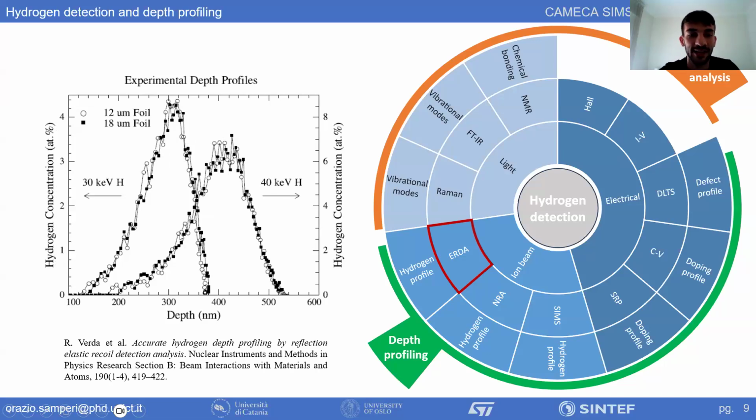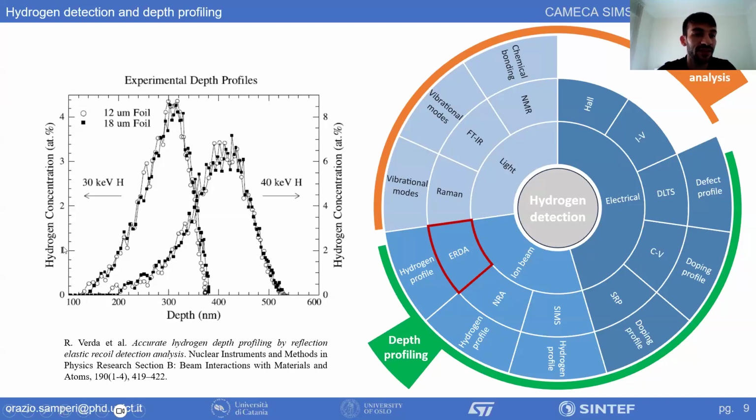But on the other side, if you are going to analyze low-dose implants or deep implants, this is not really suited because the dynamic range is quite short. Both in terms of probing depth, because with this technique you can probe no more than 1 or 2 microns, depending on the energy of the ion beam.